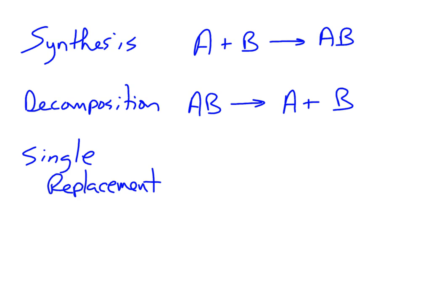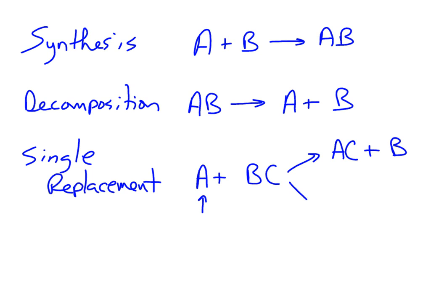We can also do something called a single replacement reaction, where we take an element and we add it to a compound. Depending on the identity of element A, it could replace B. So if A were a metal, for instance, it could replace the cation part of that compound B and form AC, in which case B would be by itself.